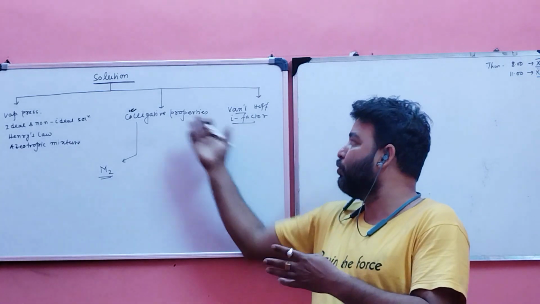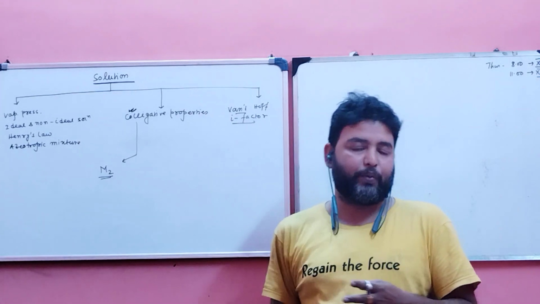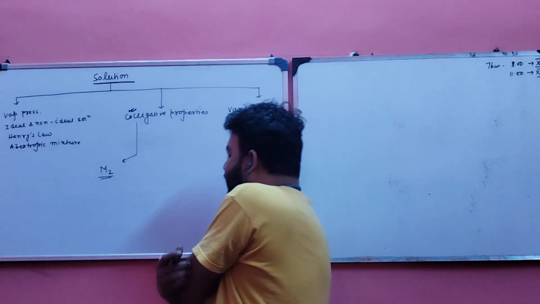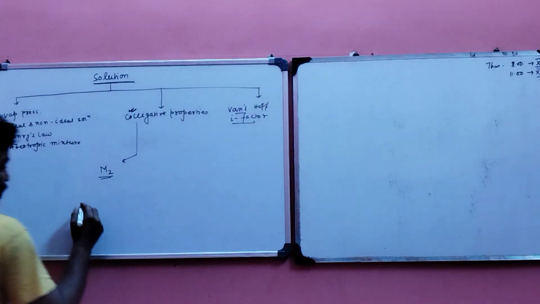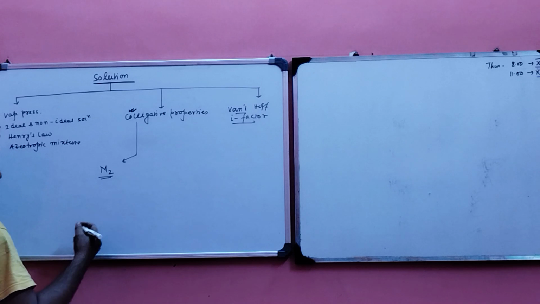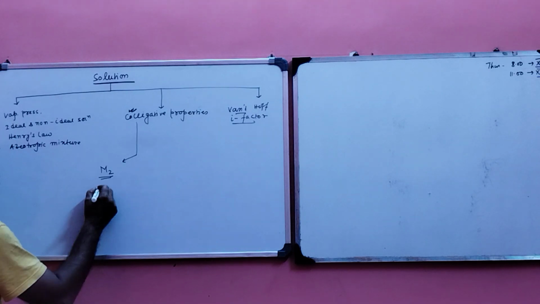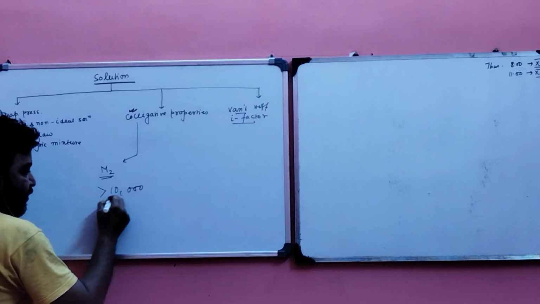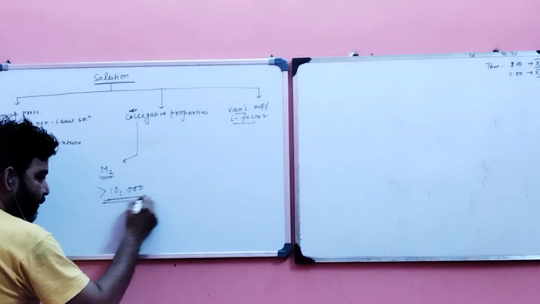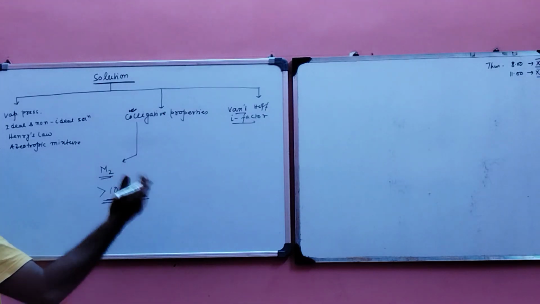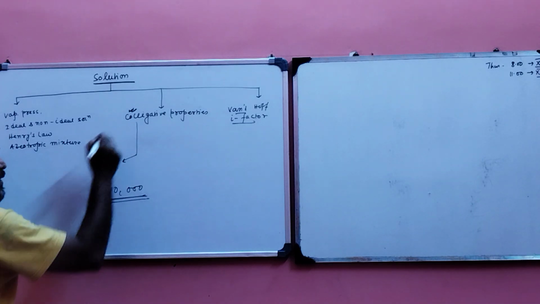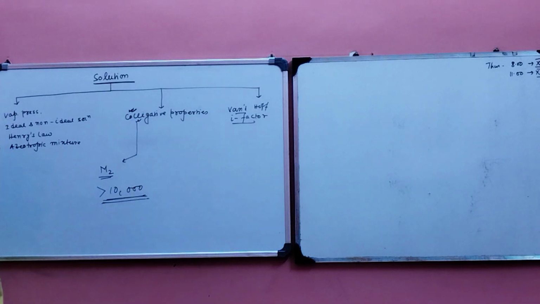So why do we learn colligative properties? Actually, by the help of colligative properties, we can determine the molecular mass of proteins and polymers whose molecular mass is greater than 10,000. These huge molecular mass compounds cannot be determined any other way. These are difficult, but we can determine them by the help of colligative properties.